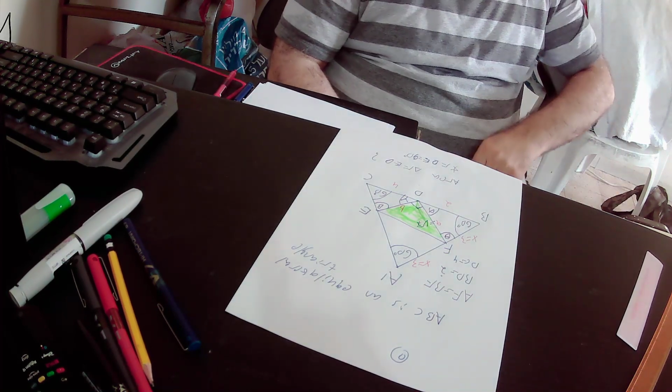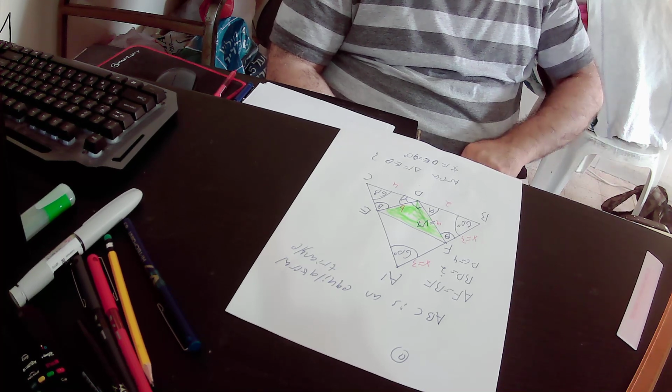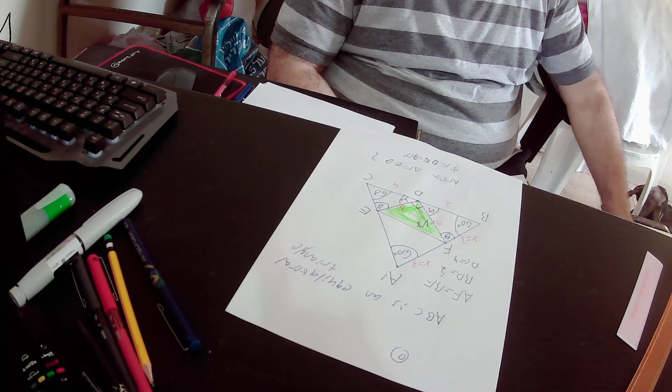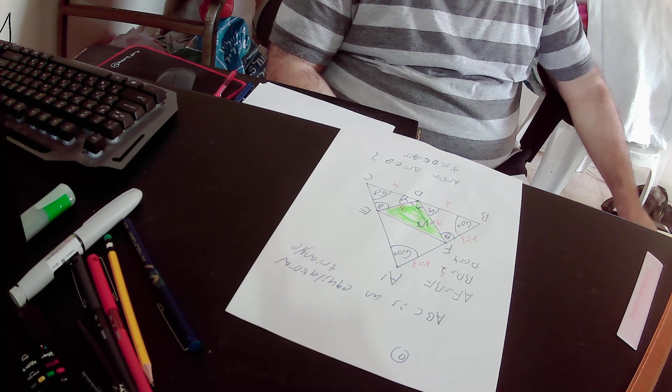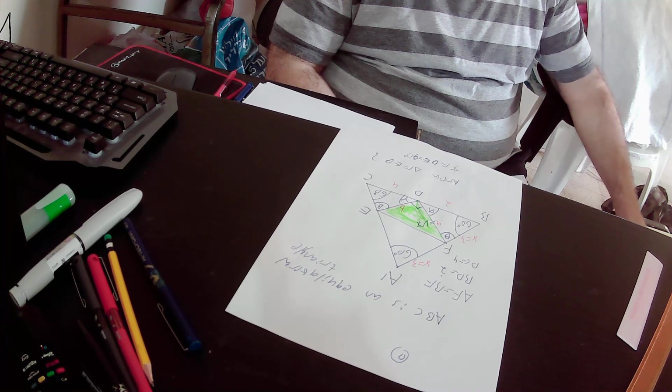So actually, as I've already said, all the sides of an equilateral triangle are equal to each other.